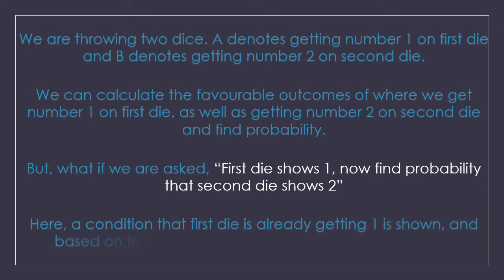Now find the probability that the second die will be 2. So for questions where one event has already occurred, has already happened as a condition, and then we are supposed to calculate the probability of occurrence of the second event, at that point of time, we need conditional probability.